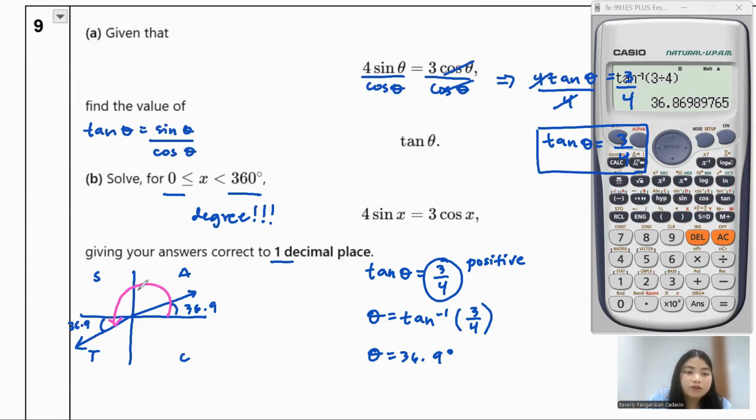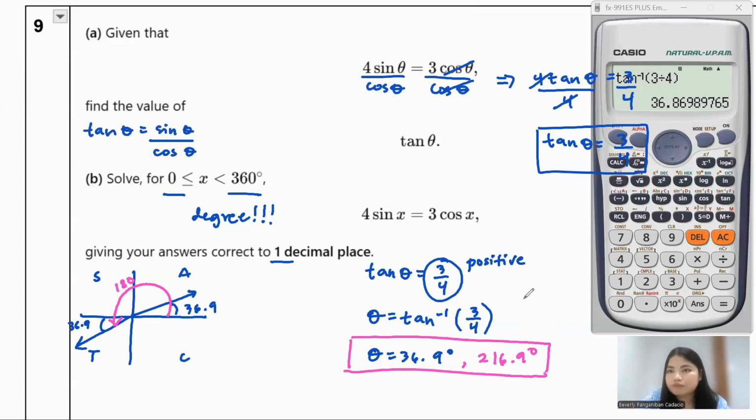So basically, this whole thing in the upper two quadrants is just 180. So your other theta will be 36.9 plus 180, which is 216.9 degrees. And therefore, those are the two answers that we need.